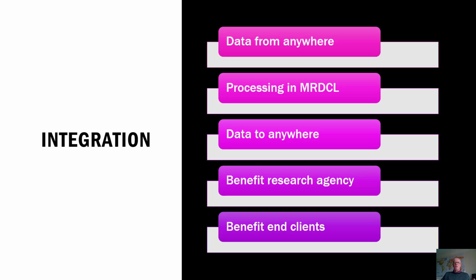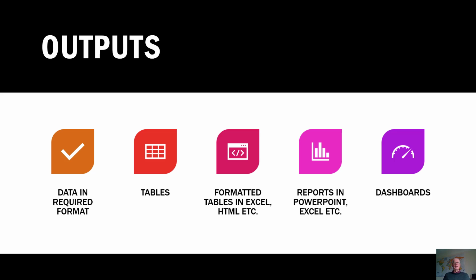And to take that one step further as well, we've now moved on to linking MRDCL with Resolve, which is our new secondary analysis software, which again is replacing Reflect, but doesn't just do tables, goes on and does charts and will automate reports in PowerPoint, for example. So really big developments that MRDCL is going to go into as well. And I'll talk about what's next in a little while.